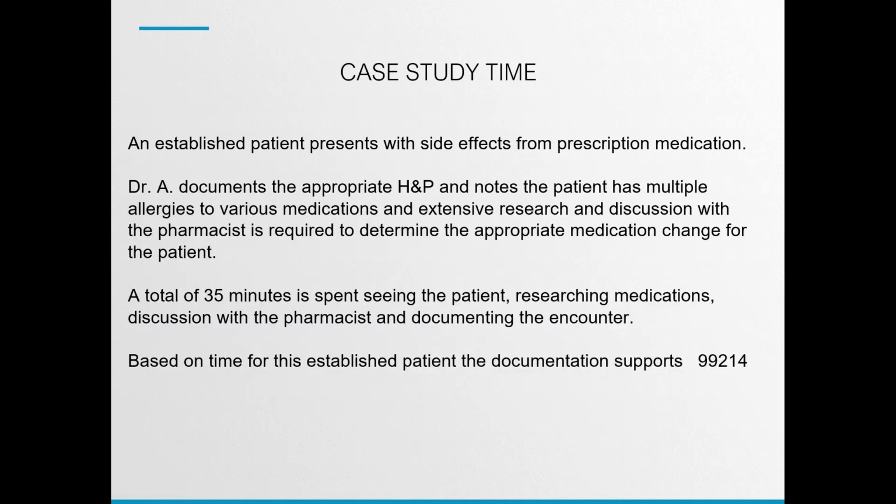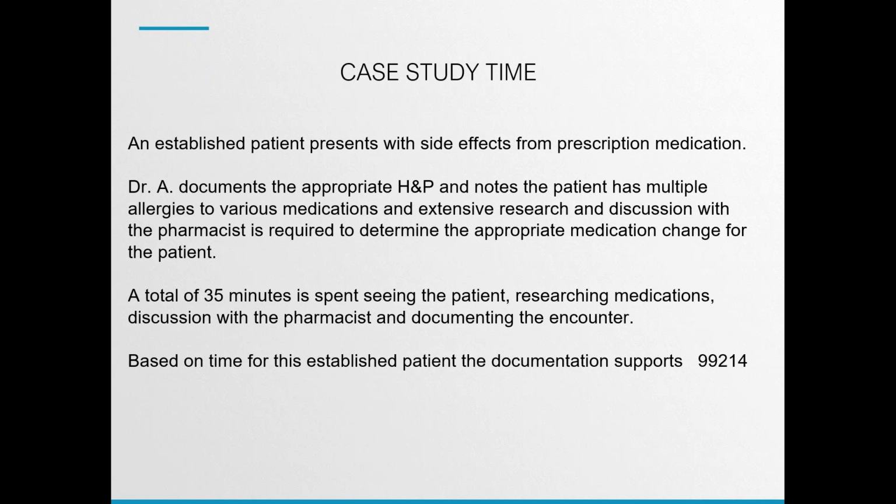So here's an example. We have an established patient. They come in with side effects from prescription medication. Dr. A documents the appropriate H&P, notes that the patient has multiple allergies to various medications, and does some extensive research and discussion with the pharmacist to determine that appropriate medication change for the patient.